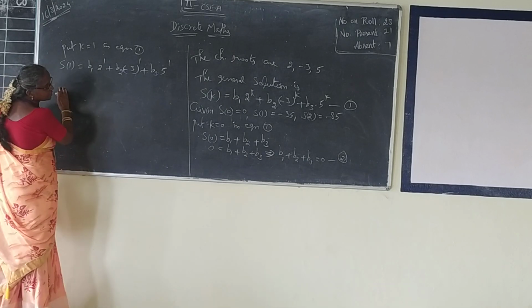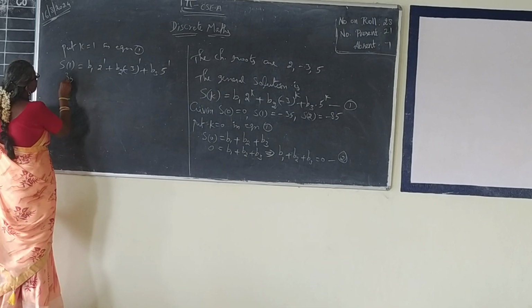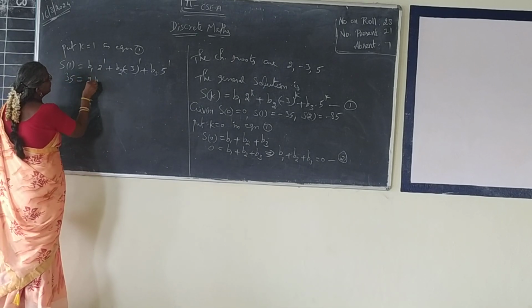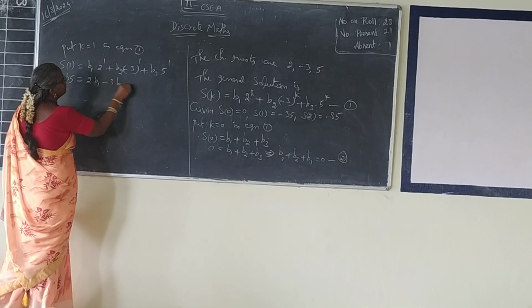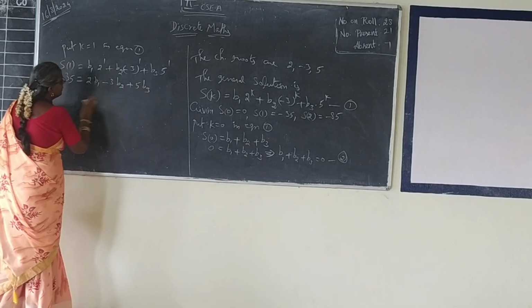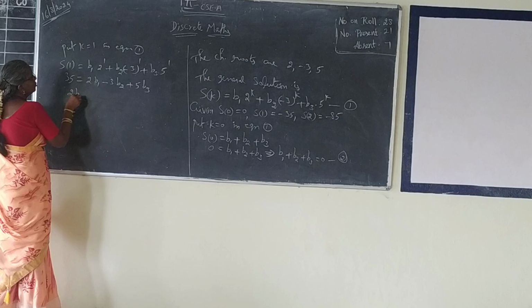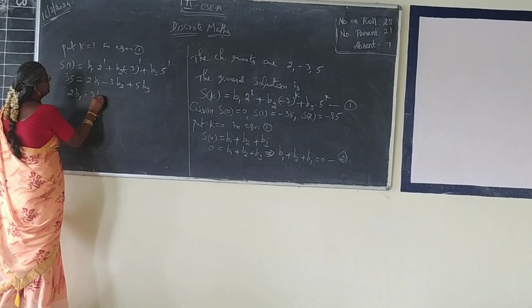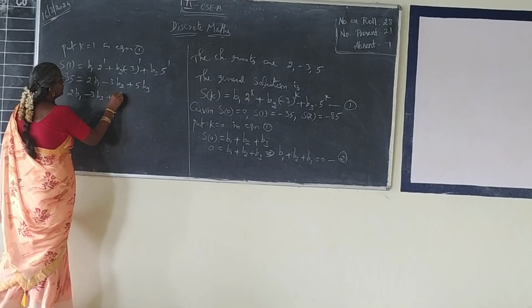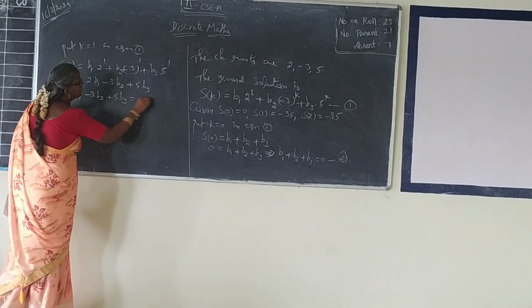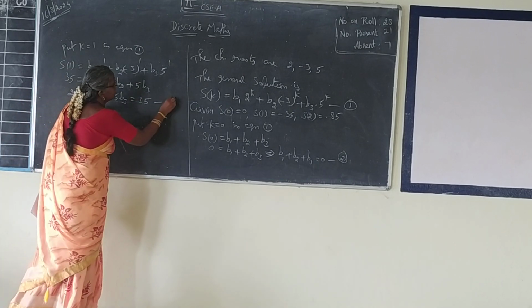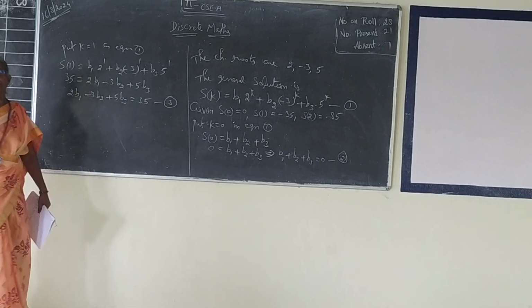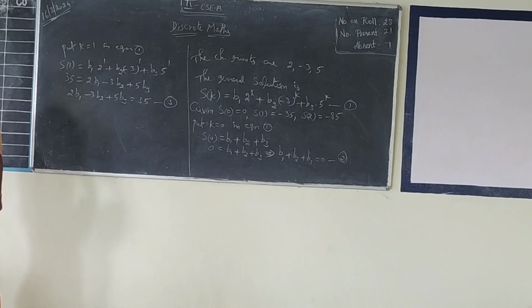That implies, S of 1 value being minus 35, 2V1 minus 3V2 plus 5V3 equal to minus 35. This is equation 3.